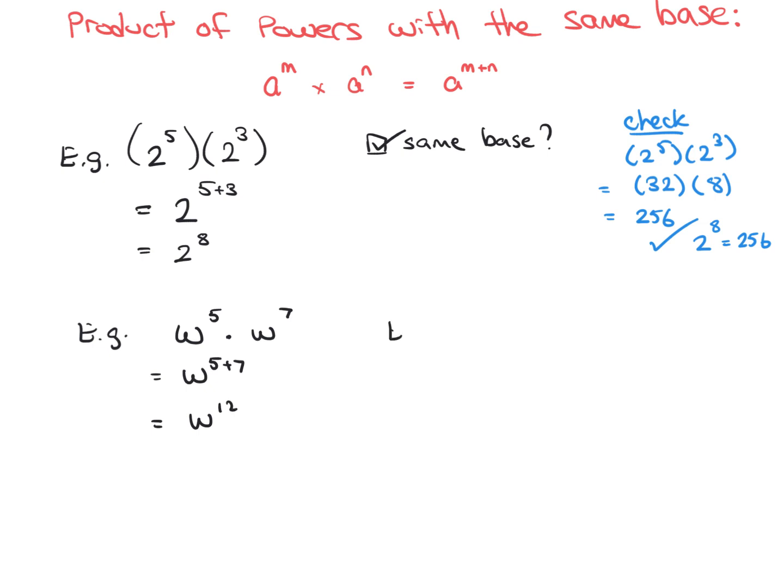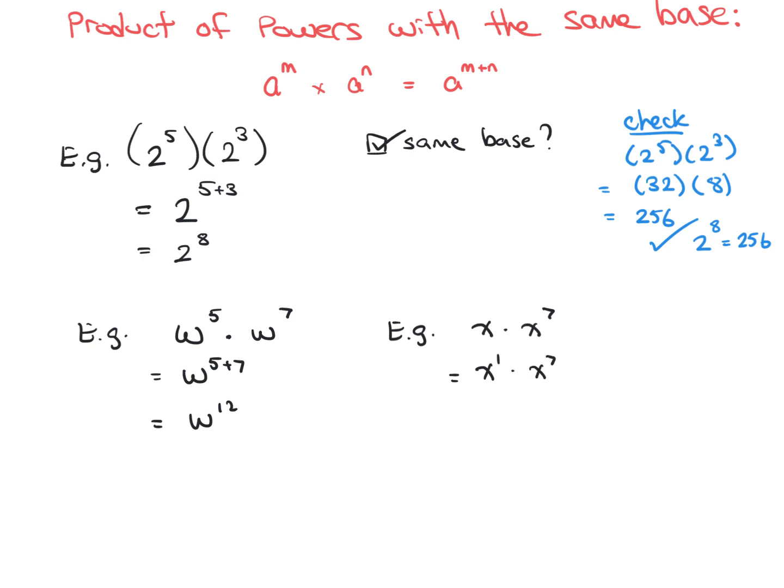Let's do another one. How about I use x's? We'll say x times x to the 7. I'm doing this example because for the first x, you don't really see an exponent there, but you need to recognize that that is actually an exponent of 1.